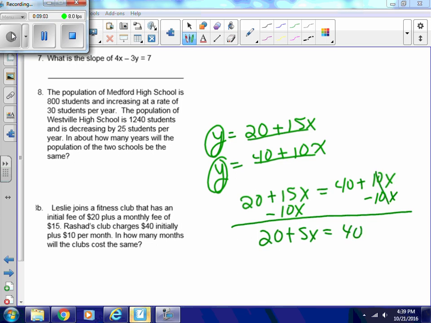Those two cancel. Now I can subtract 20 from both sides. I think I'll do that mentally. And 5x will equal 20. Divide both sides by 5, and we see that x equals 4. So in 4 months, both costs will be the same.